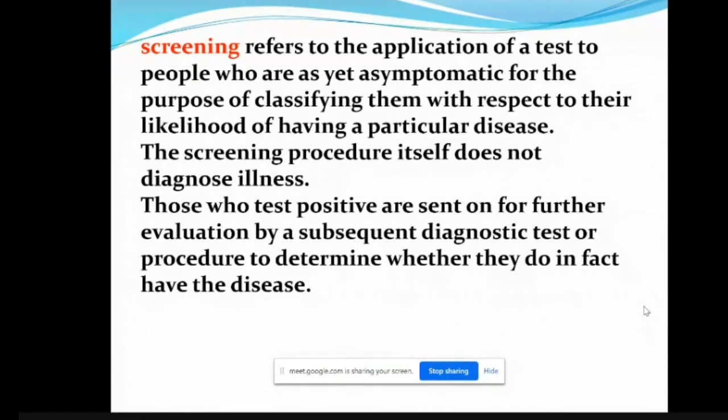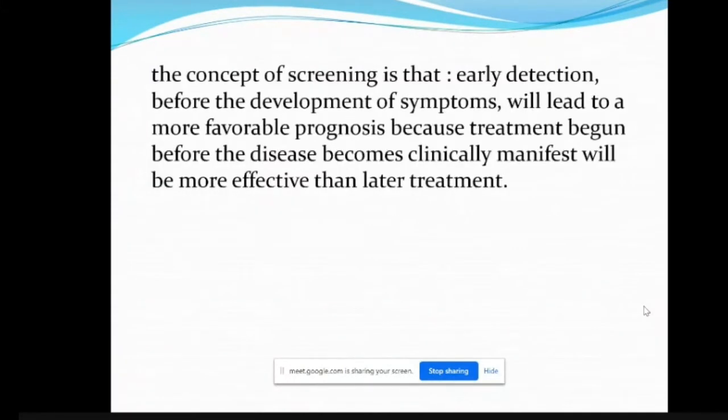So the screening test, as we understand from this definition, is not a diagnostic test. We are only searching for those who are likely to have the disease. The important concept in screening is that early detection before development of symptoms will lead to a more favorable prognosis of the disease.